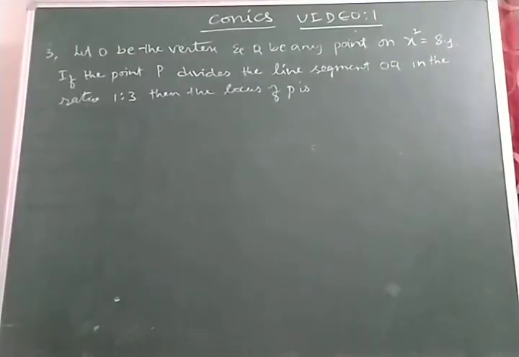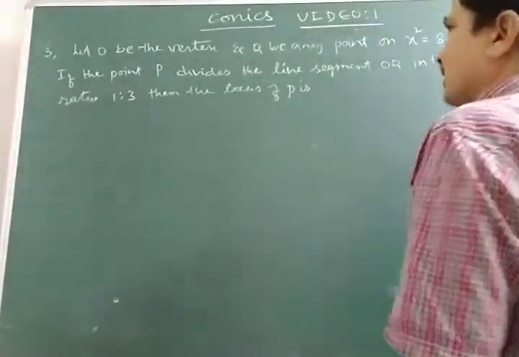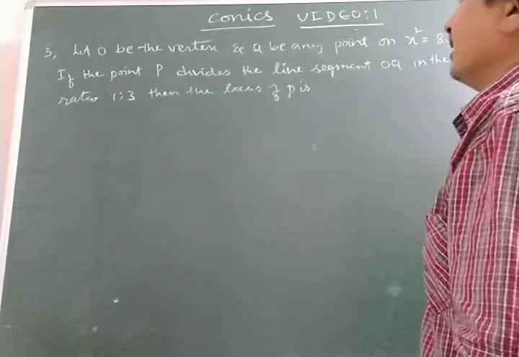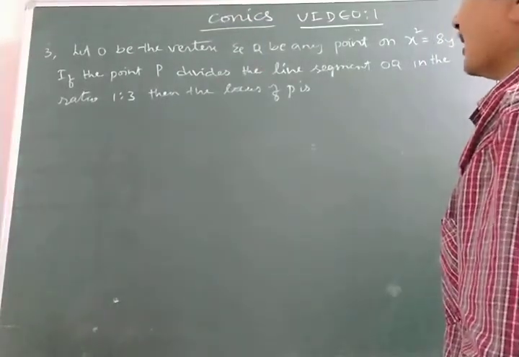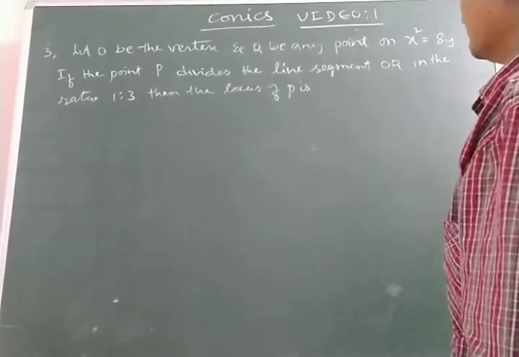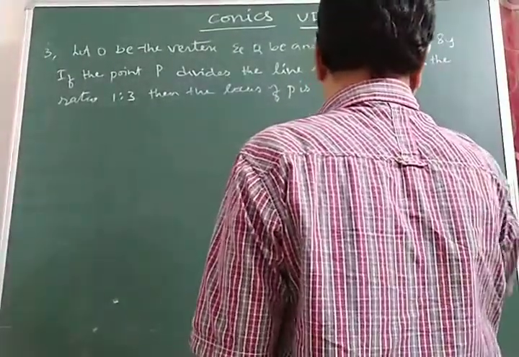Question number 3. Let O be the vertex and Q be any point on x² = 8y. If the point P divides the line segment OQ in the ratio 1:3, then the locus of P is. So the given parabola is like this.